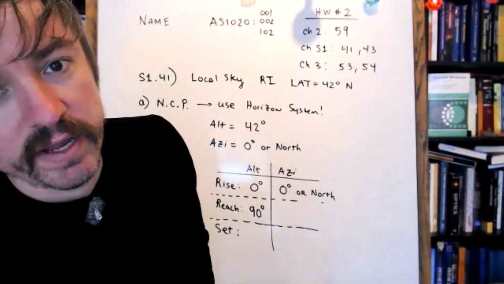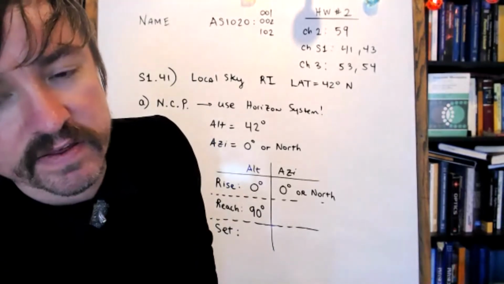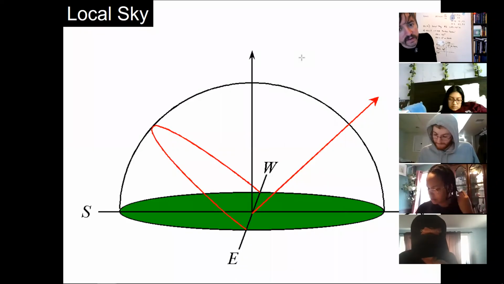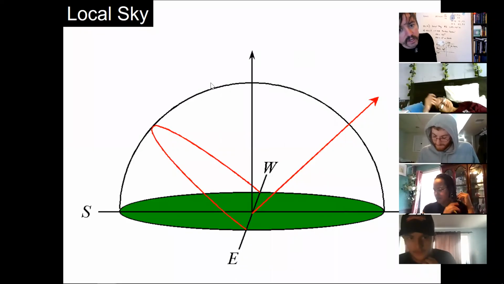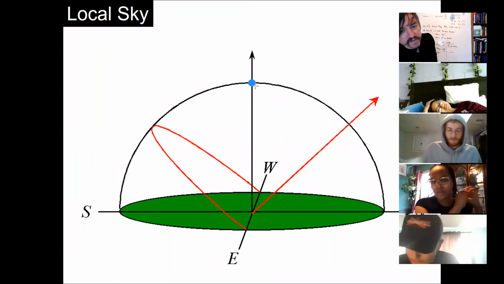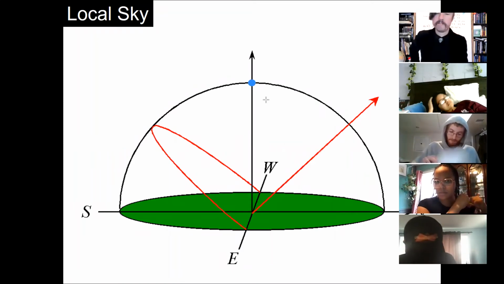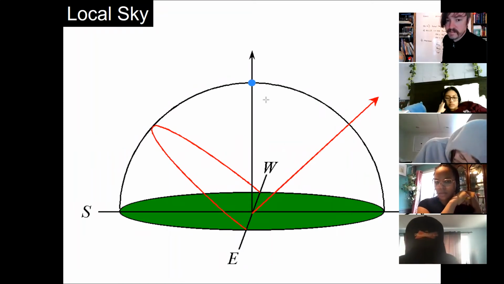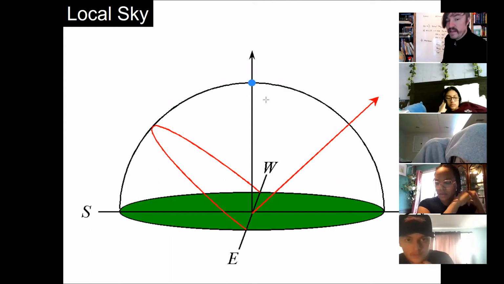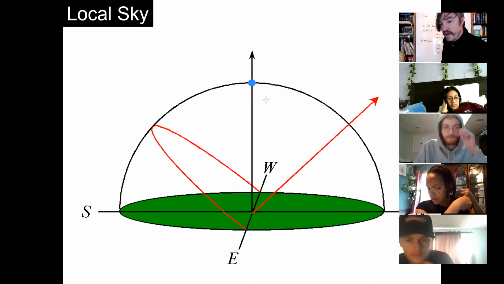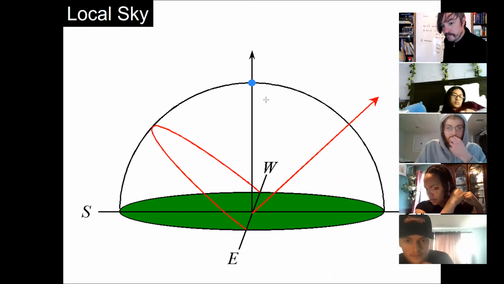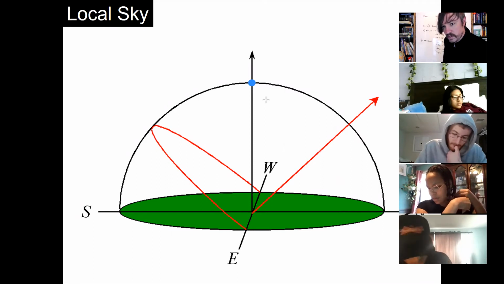This is a nice tricky one. We might need Mateus or Andrew to help us with this. I don't know. Which one is it? What is the azimuth of this point? Oh, it's at the zenith. Well, it is at the zenith, but what's the technical azimuth? 0. No. There's actually an issue here.